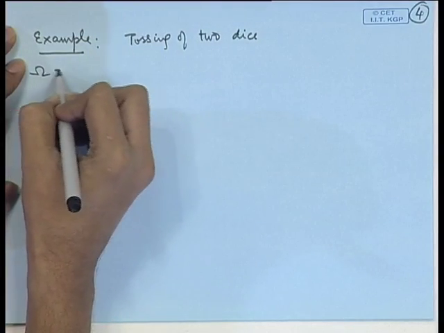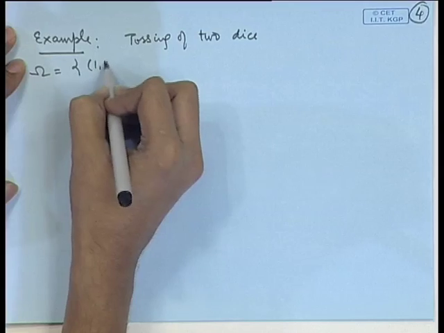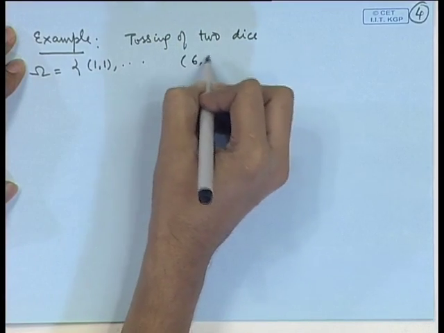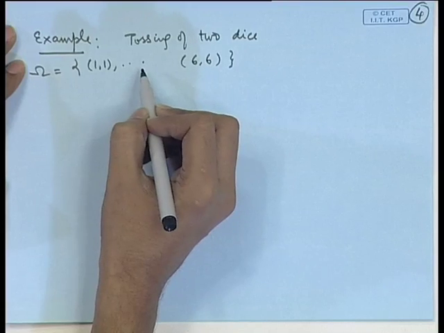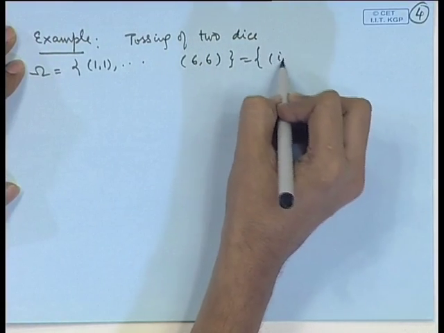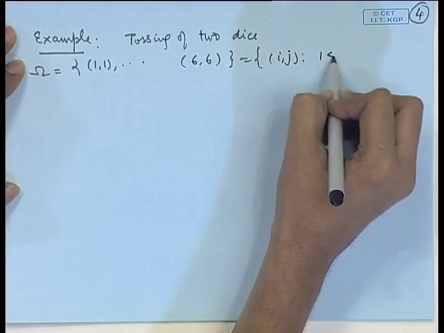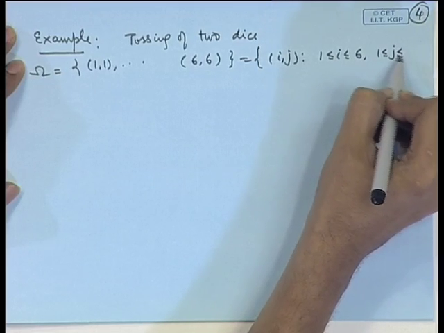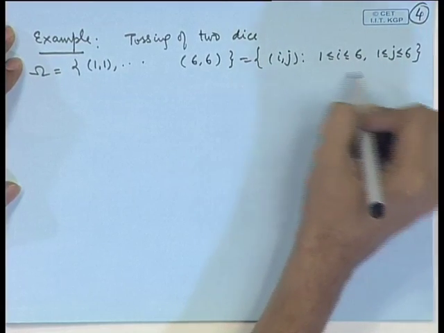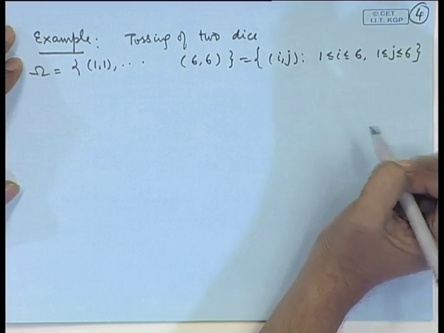Here the sample space is (1,1) and so on up to (6,6), all the combinations of numbers (i, j) for 1 less than or equal to i less than or equal to 6, 1 less than or equal to j less than or equal to 6, all the combinations of natural numbers between these.